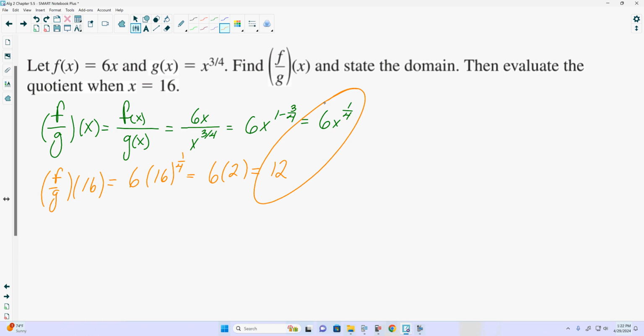Questions on these here? Now again, with division, if it hadn't given us x to the 3/4, if it gave us the 4th root of x cubed, we would need to rewrite it, change it to x to the 3/4, and then go through the same process.